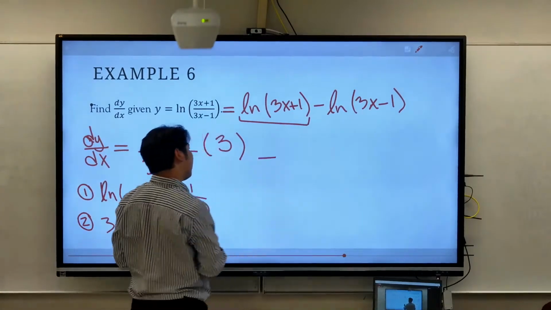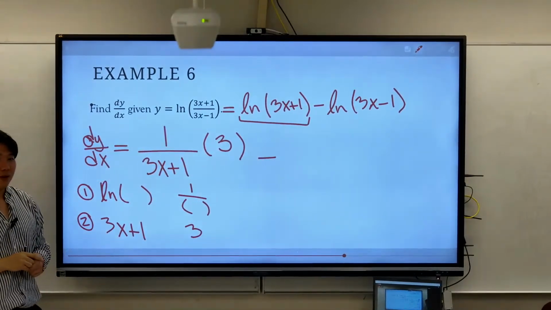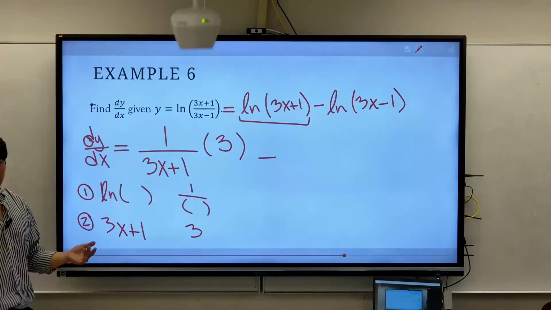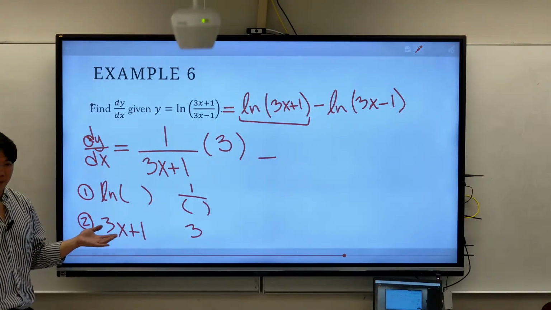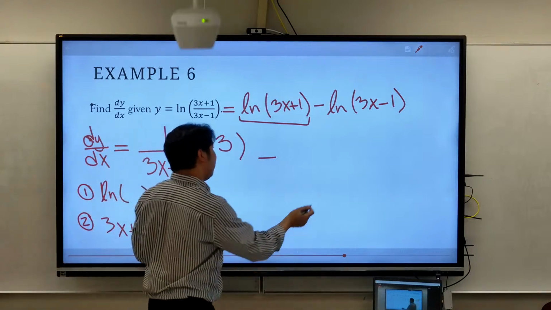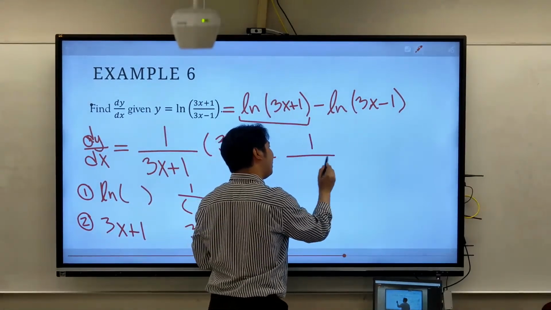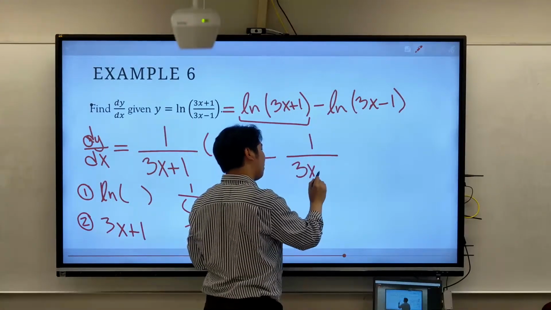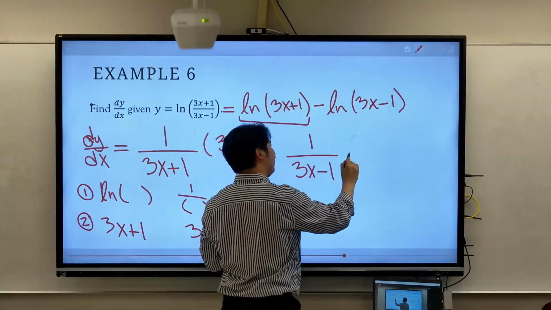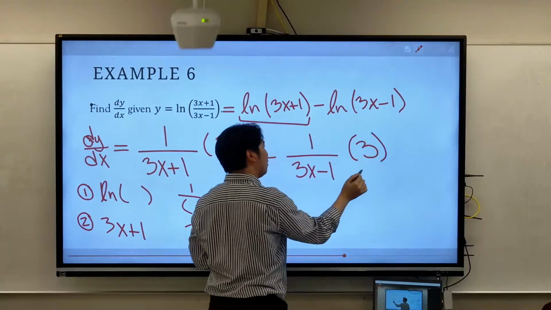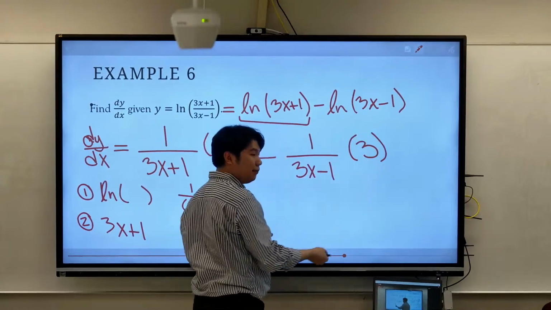Minus, now I need to do the second part. Fortunately, this is going to be almost the exact same answer. The derivative of the natural log of 3x minus 1 is going to be 1 over 3x minus 1 times 3. First layer, second layer.